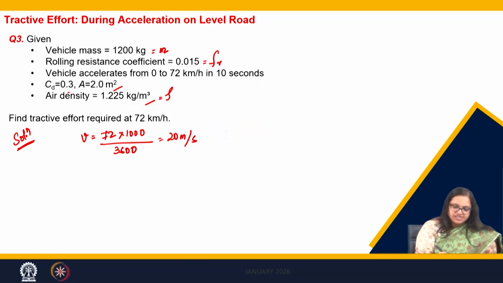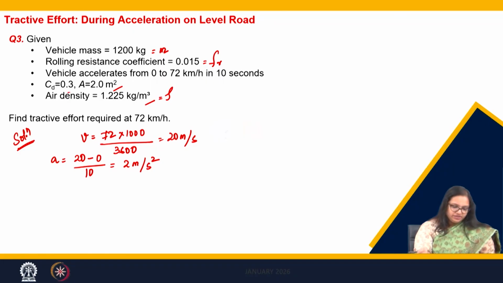So, my acceleration A will be 20 minus 0, that is the final speed minus the initial speed of 0, divided by 10, the time. It gives me 2 meters per second square.